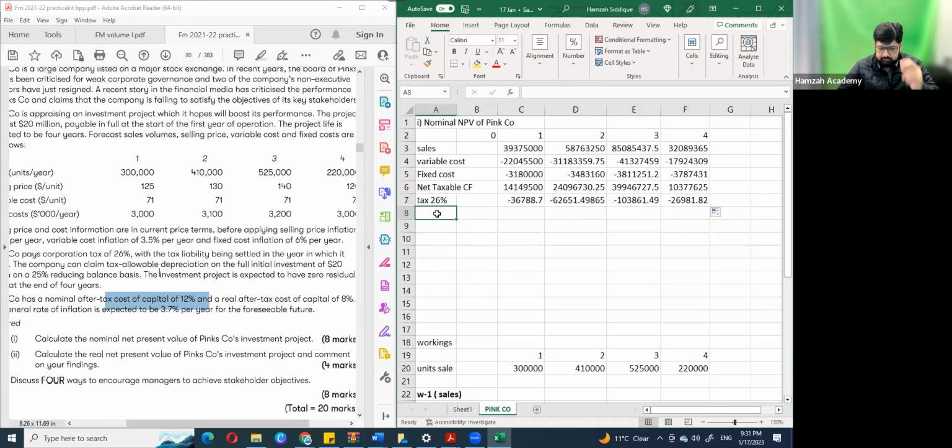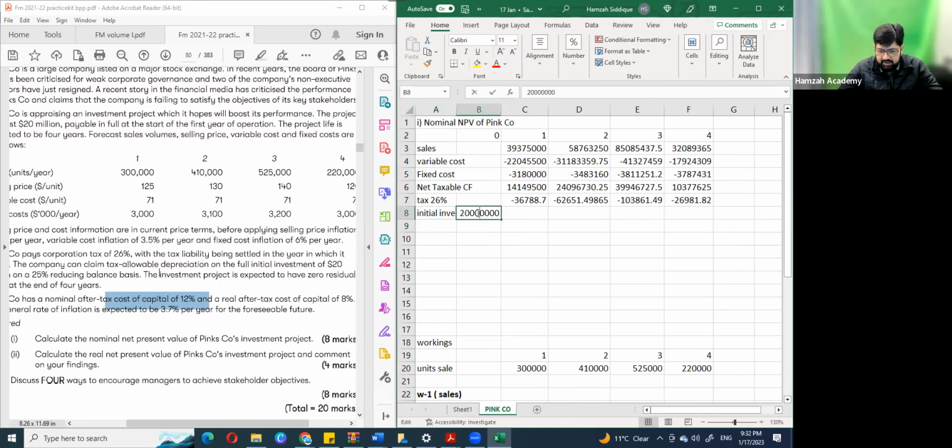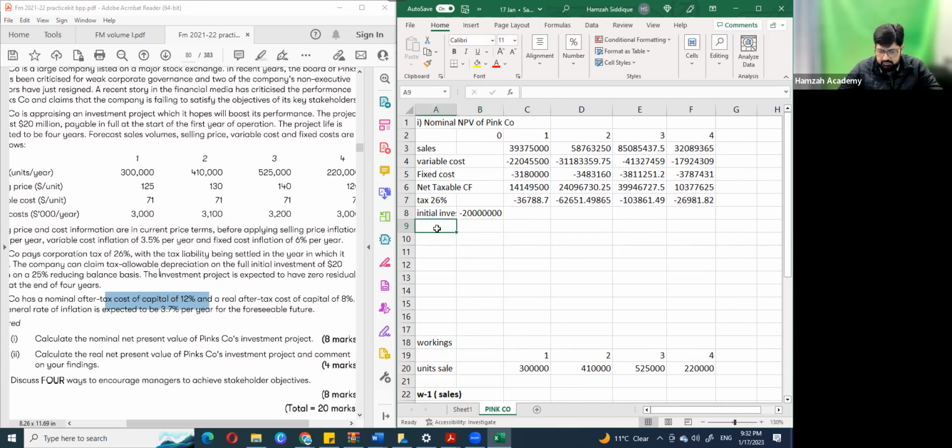Now, initial investment, 20 million. Negative. Tax saving on capital allowance.